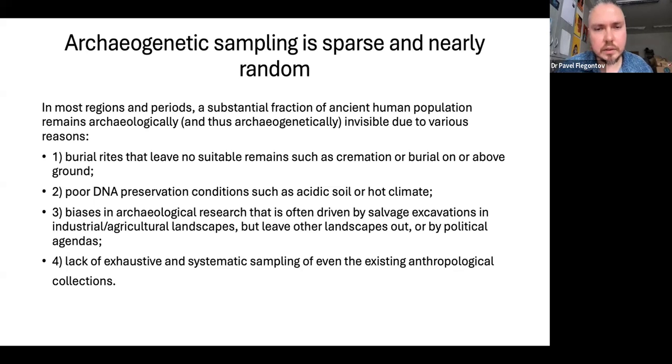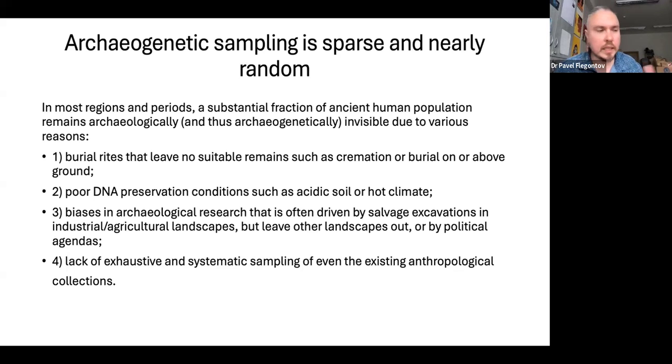And biases in archaeological research are actually very common. This research is often driven by salvage excavations in industrial or agricultural landscapes, but in other landscapes, almost nobody digs, or is even driven by political agendas.